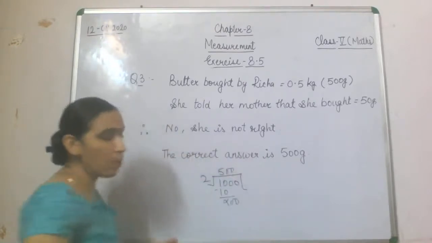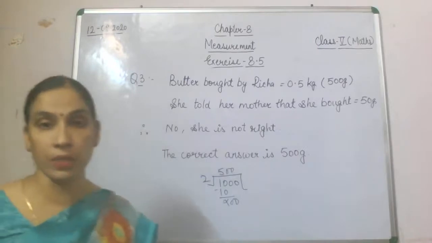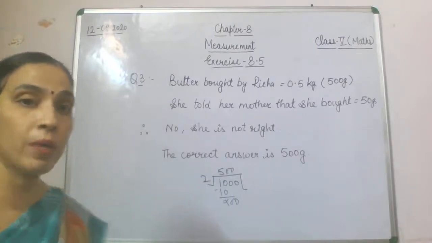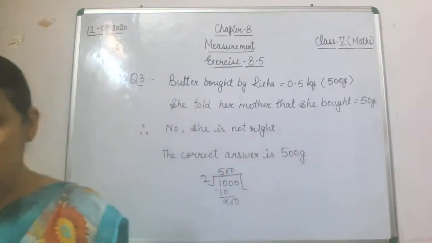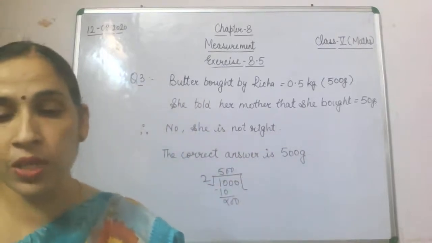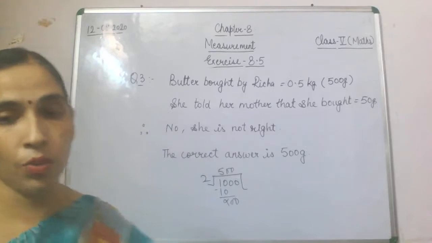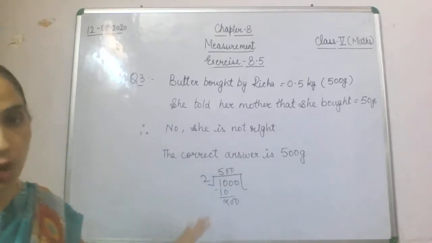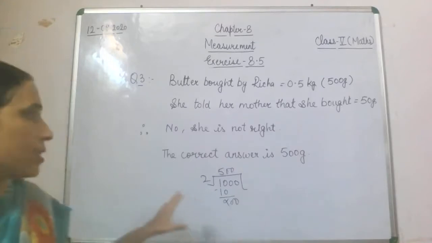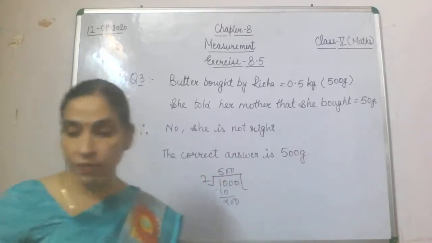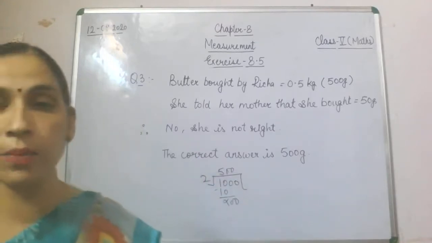So Richa bought 500 gram of butter, but she told her mother that she bought 50 gram. The next part of the question is, was she right? You will write no, she is not right. The correct weight is 500 gram. This is your question number 3.